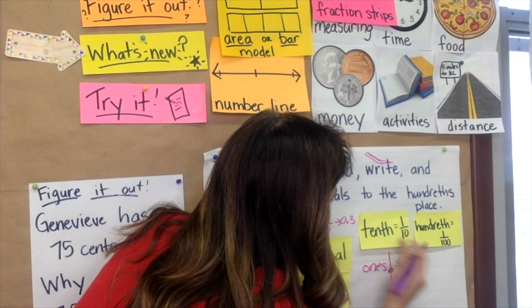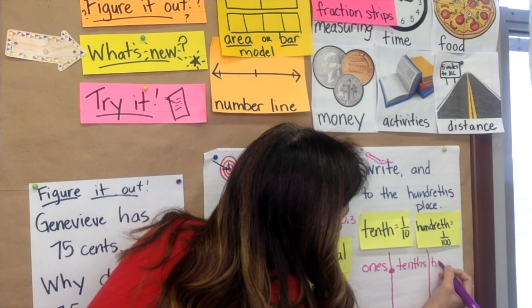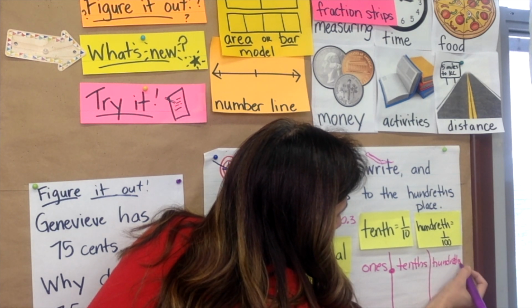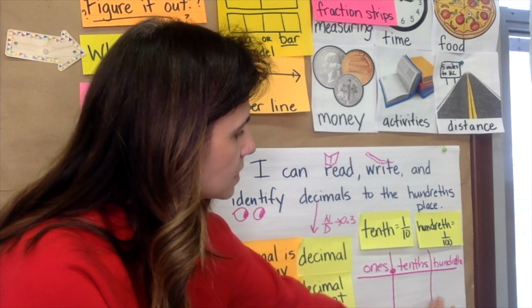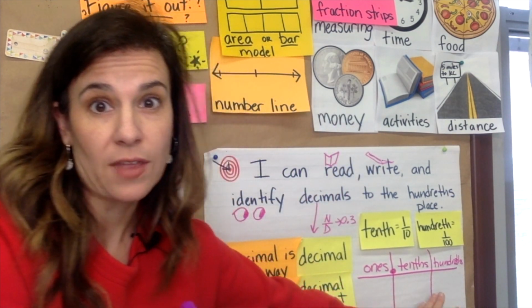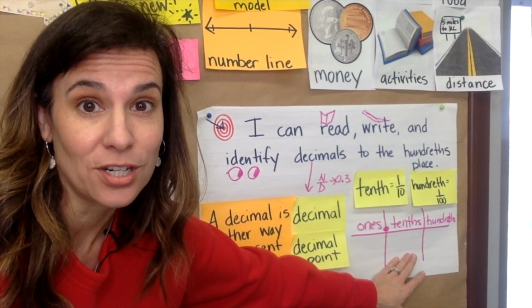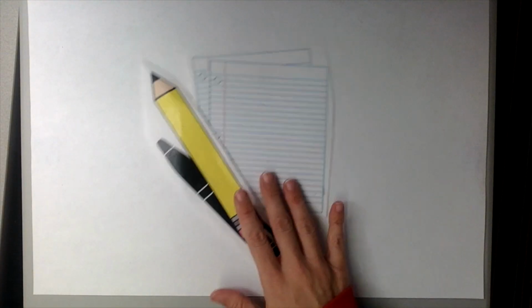And then we have tenths, and then we have hundredths. Always forget that D. Okay, so we're going to be identifying decimals all the way up to the hundredths place. So that could include tenths and 100ths or hundredths. Grab your tools to do some mathematical thinking.